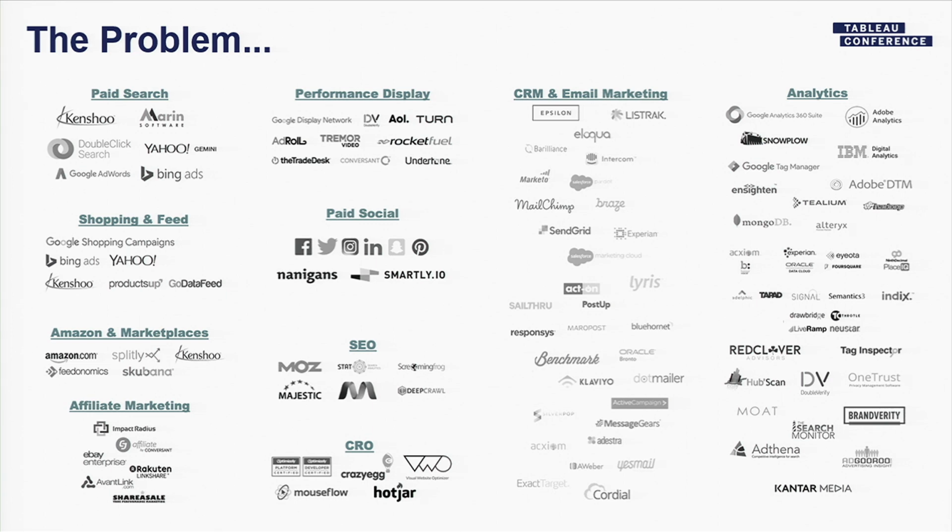So if you're a marketer, you know this problem where you have different data sources from your email program to your internal data to your paid search data to your social data. This is a sample, not all, but a sample broken into different channels of data partners, ad vendors, et cetera, that we work with.